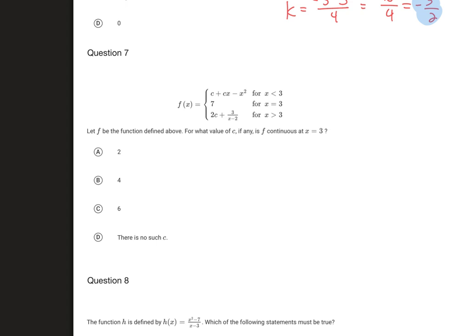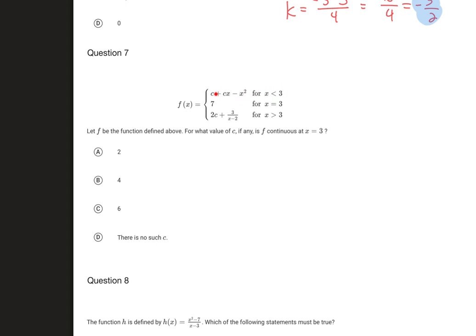And then they have to not only meet, but they have to meet at 7, right, where the point is. Okay, so really there has to be a value of c that makes this equal to 7 when you plug in 3 for x, or when you take the limit as x approaches 3 from the left of this.